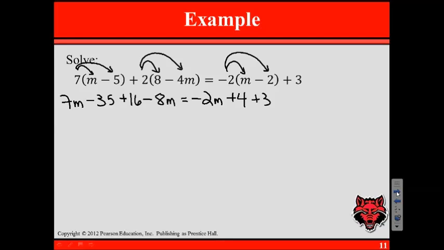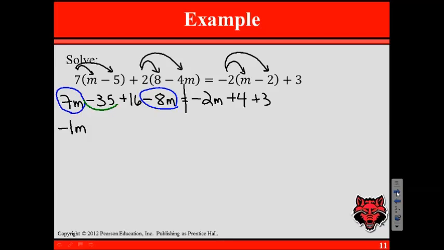Now that we have distributed to remove all of the parentheses, let's combine like terms. I'll draw my vertical line through my equal sign, so we don't confuse the left-hand side and the right-hand side. On the left side, we have 7m, and we have minus 8m. 7 minus 8 is negative 1, so negative 1m, or negative m, you can write it either way.